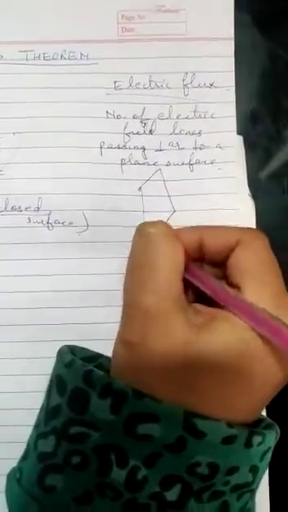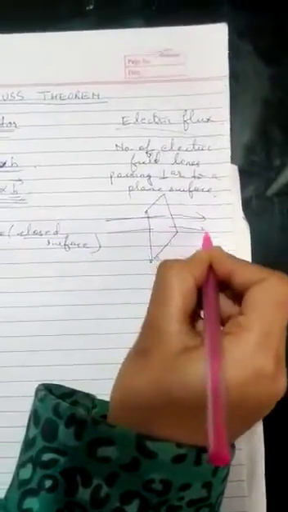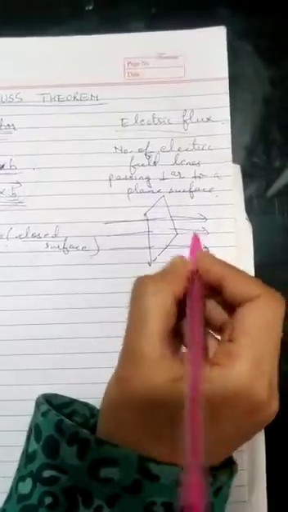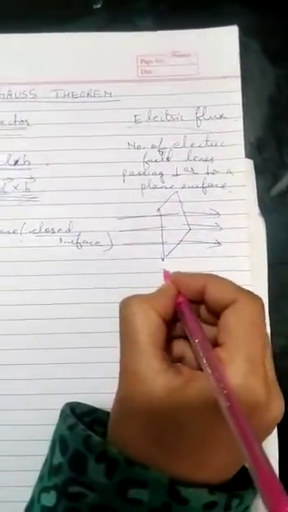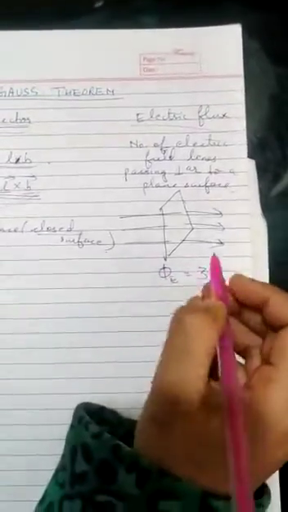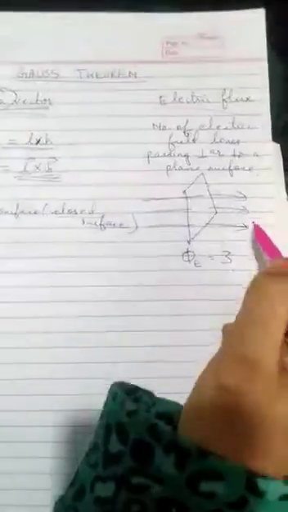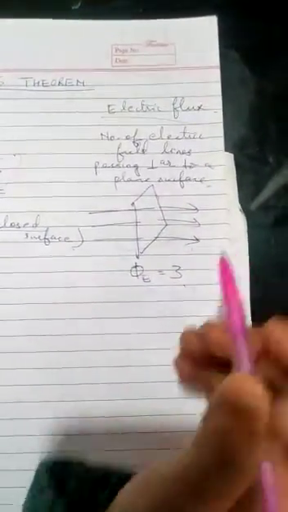Say this is a surface facing like this. If you have some electric field lines passing perpendicularly out of this plane, then what will be the electric flux for this one? Electric flux, usually denoted by phi E, will be equal to 3. This is how we find out electric flux. So it is like the density of electric field lines passing perpendicularly through the surface.